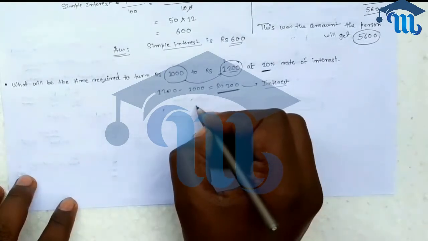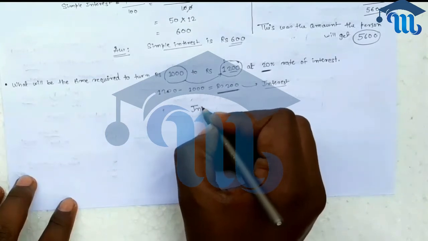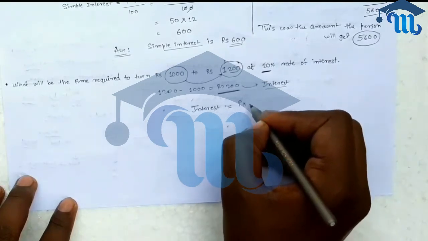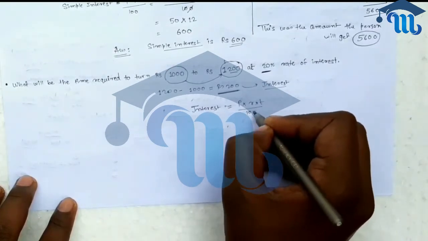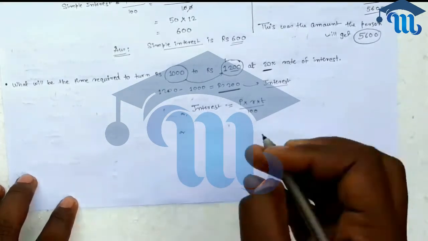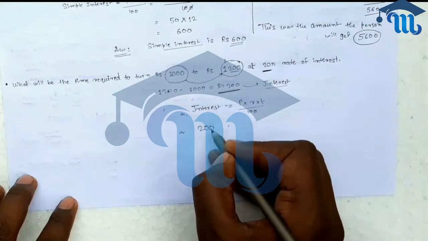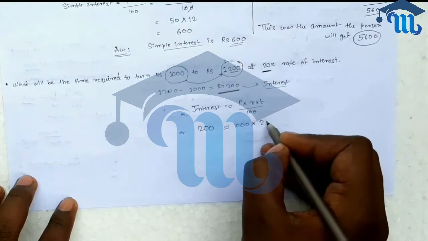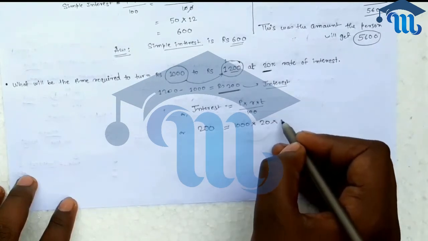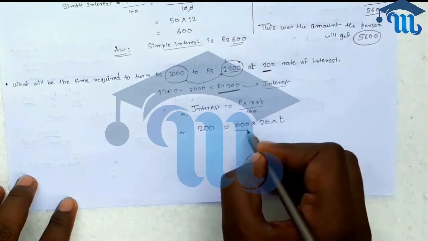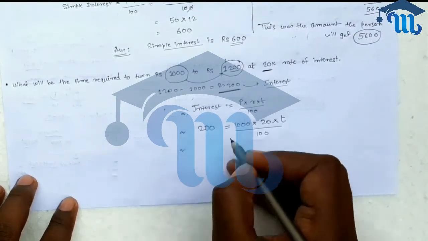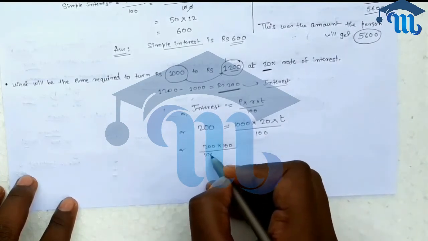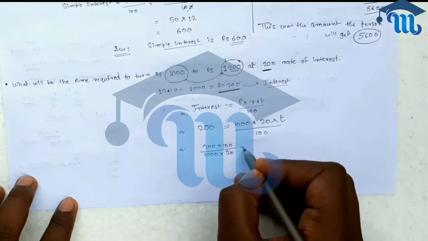The extra money which we get is the interest. And how do we calculate it? We calculate interest as principal into rate into time by 100. As given, interest is rupees 200, principal is rupees 1,000, rate of interest is 20%, and time is unknown, so we will keep it as t, by 100. Solving it, 200 into 100 by 1000, and 20 also comes down.